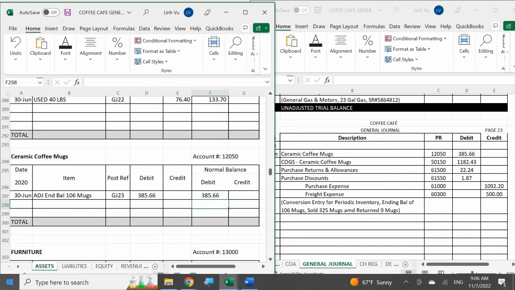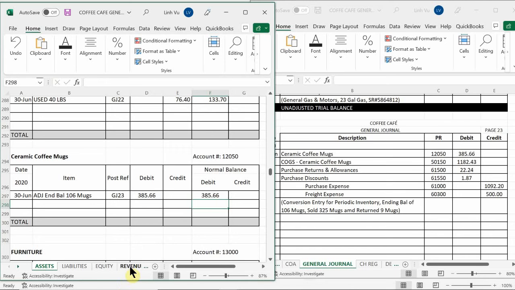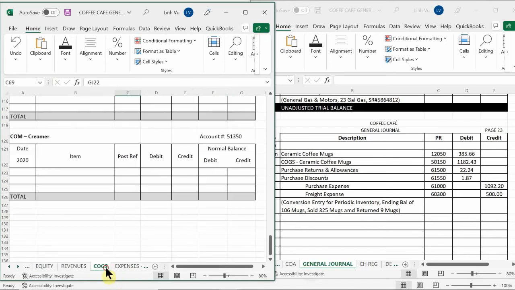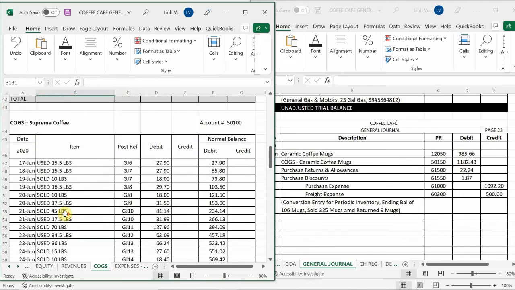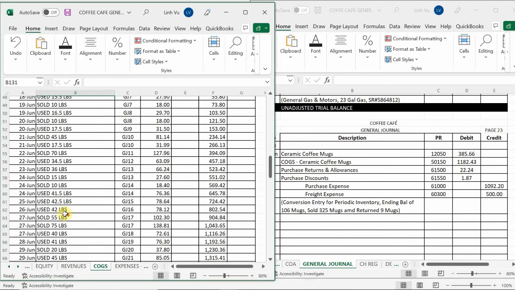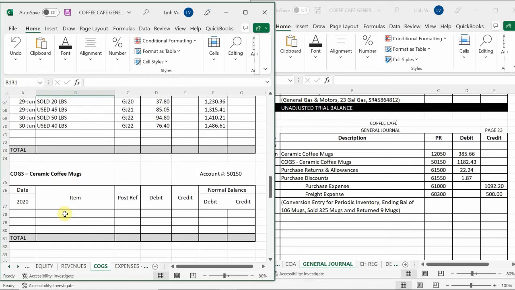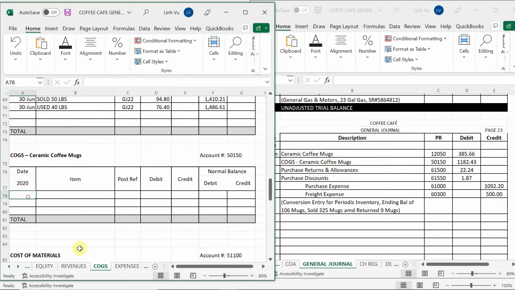Then we need to do our cost of goods sold. So here we're finally tapping into the cost of goods sold for our ceramic coffee mugs.